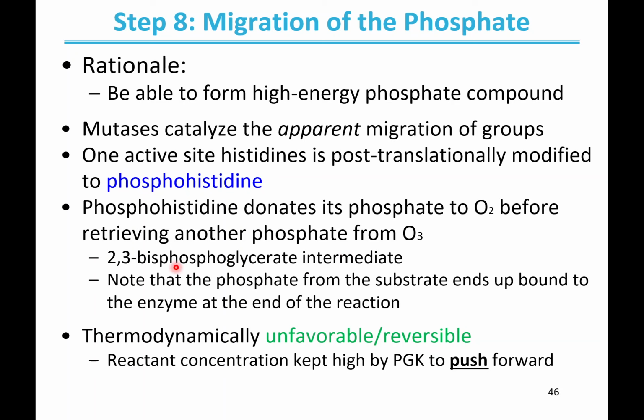We'll see that in the mechanism. The phosphate that was on the substrate ends up bound to the enzyme at the end of the reaction. So again, it's not the same phosphate moving, but that's why this is a mutase, not an isomerase enzyme. Okay. This is thermodynamically unfavorable and reversible. Okay, and this is a rare case where the reactant concentration is kept high to push the reaction forward.